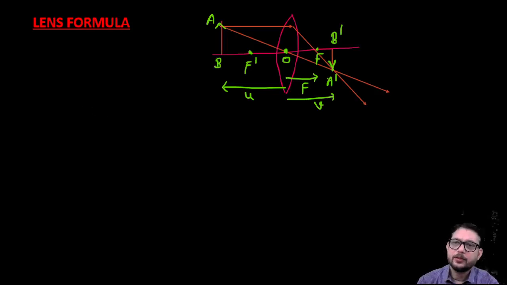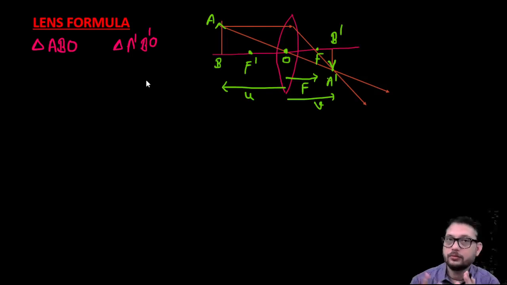Now what? In this scenario, let's suppose we have two triangles. The first one is your triangle ABO, and the other is your triangle A dash B dash O, means the triangles which start from the same point O. So the object is AB and the common point is O, so your triangle is ABO.